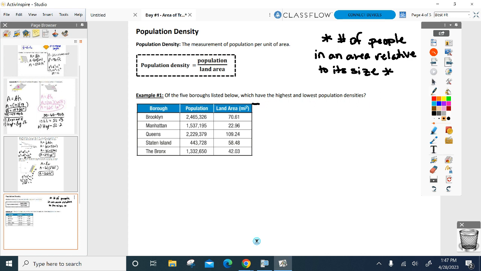If anybody wants to keep it a little more organized than just having numbers flying around your paper, you can add a 4th column in here, which is your density column.